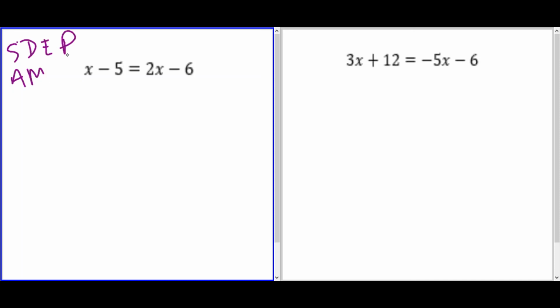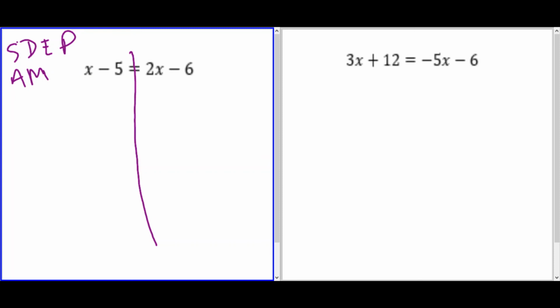Okay, and I'm going to start with my constants. I'm going to move them. So remember, the constants are the things that have no letter or no variable with them. So it's just a number with nothing with it.